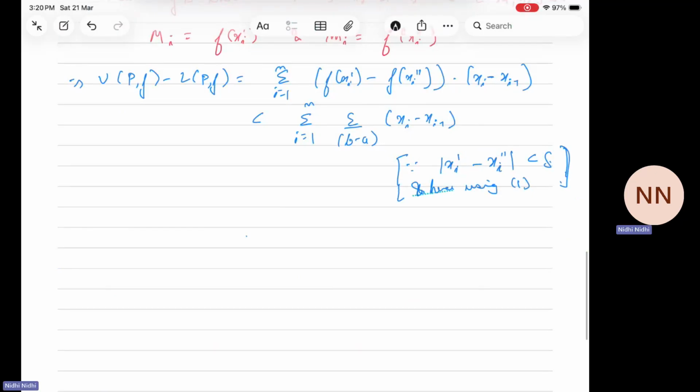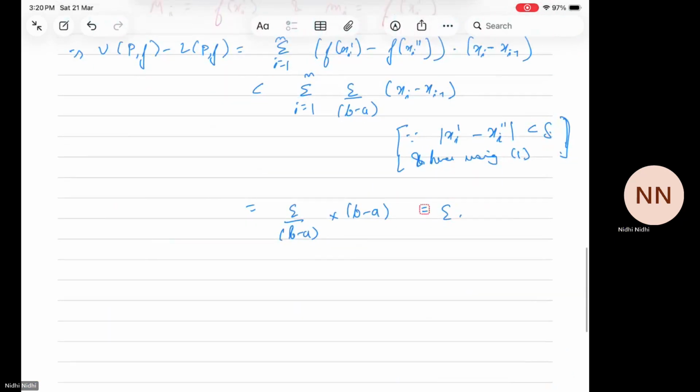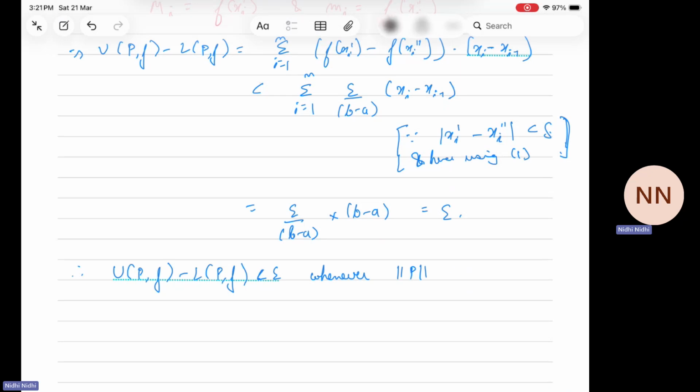So this will be epsilon by b minus a, and that sum will be b minus a. Therefore, for any partition P, we get UPF minus LPF less than epsilon whenever norm P is less than delta. Therefore, f is integrable and the integral from a to b of f(x) dx exists.